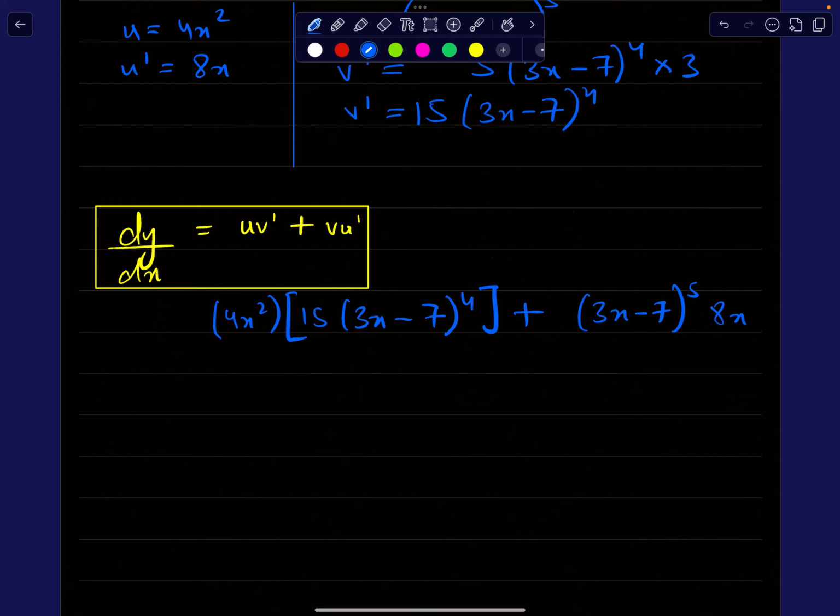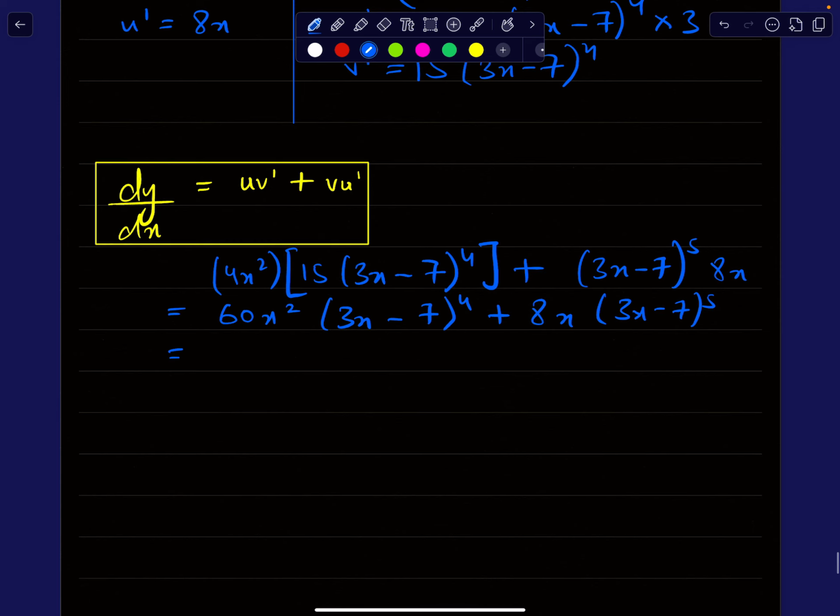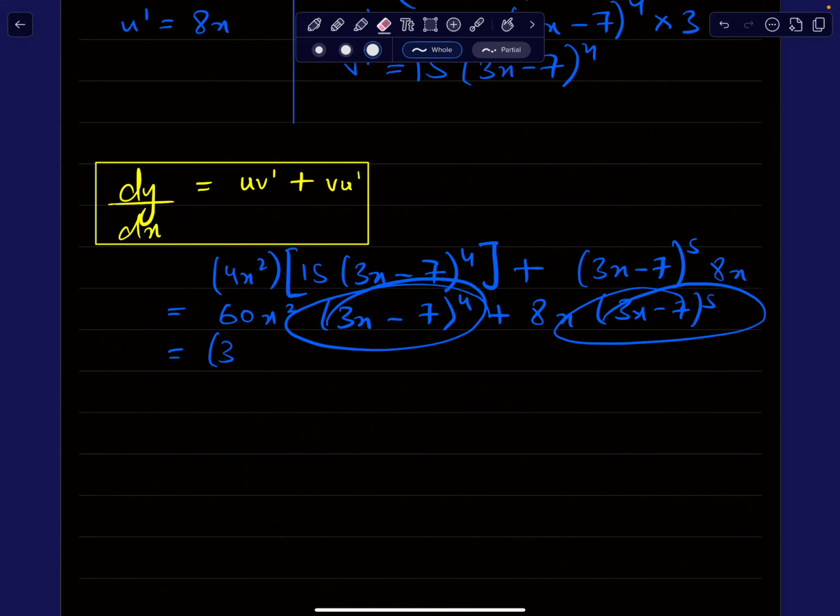Simplifying this expression, it's going to be a little long. You can keep simplifying with me. And this is what I have after one more step. I'll take this thing common.